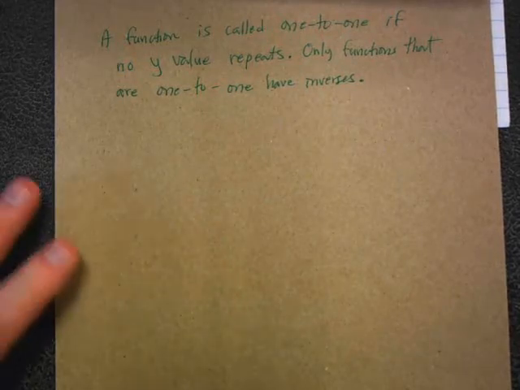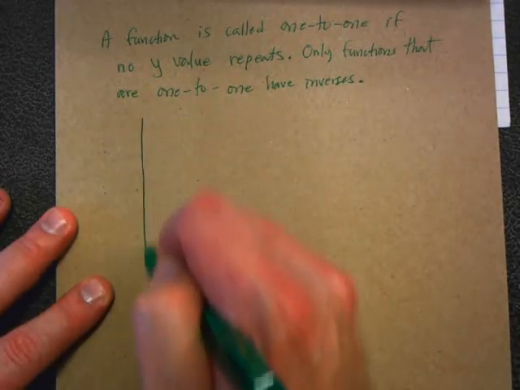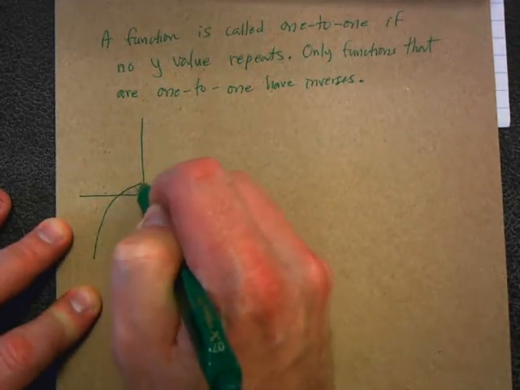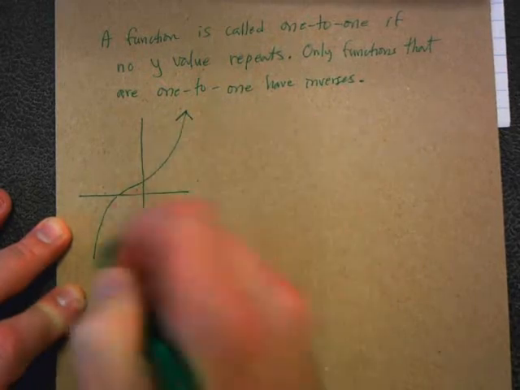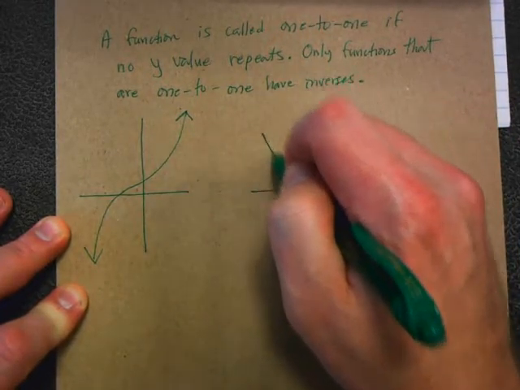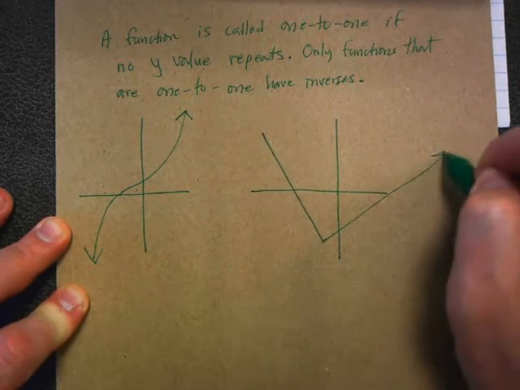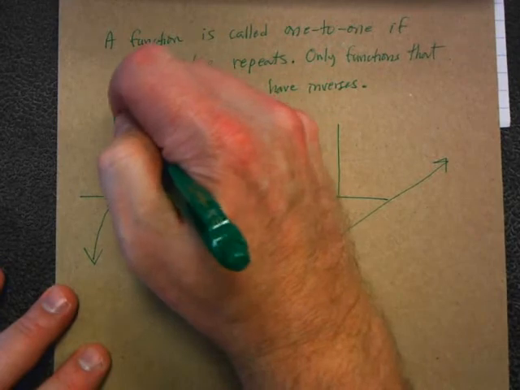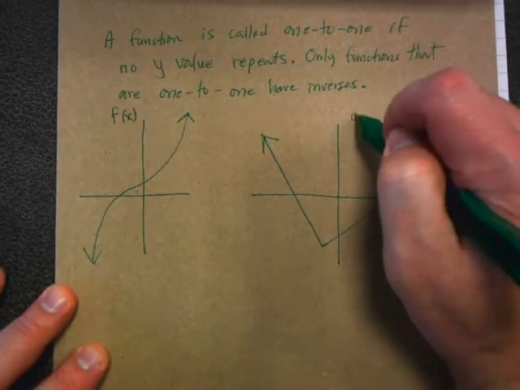All right, so how do you tell? Well, you draw yourself a picture. There's two different functions. I'll call this one f of x, and I'll call this one g of x.